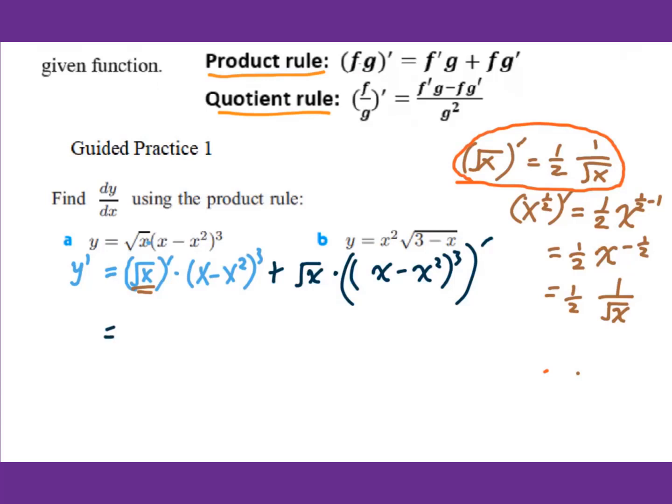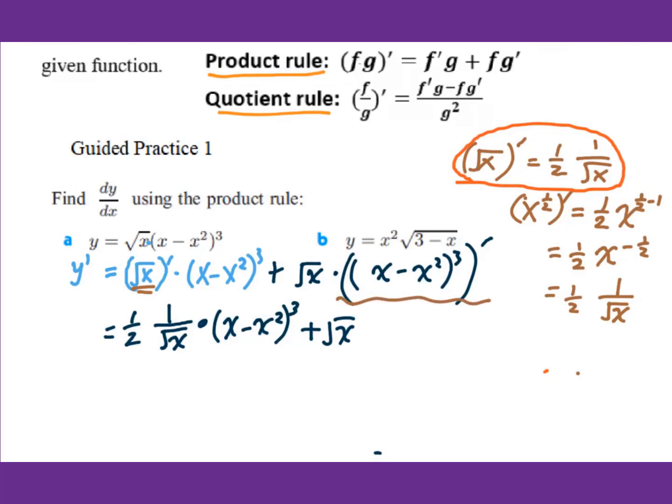So we will get 1/2 square root of x, 1 over square root of x, times x minus x squared to the third power plus square root of x. Then we work this out.